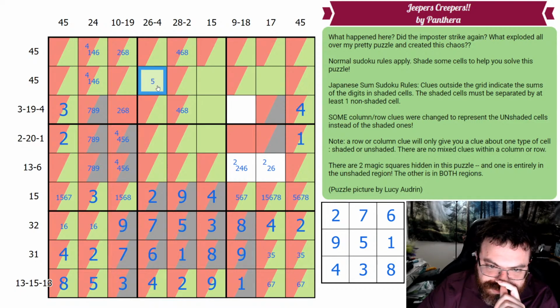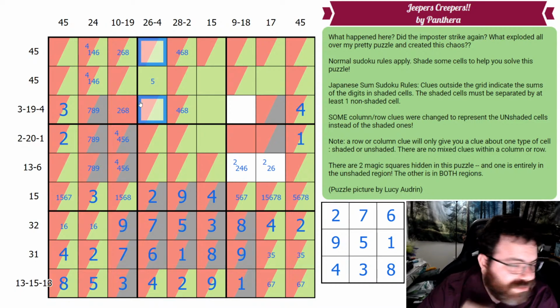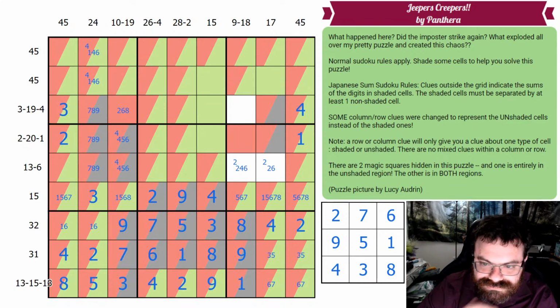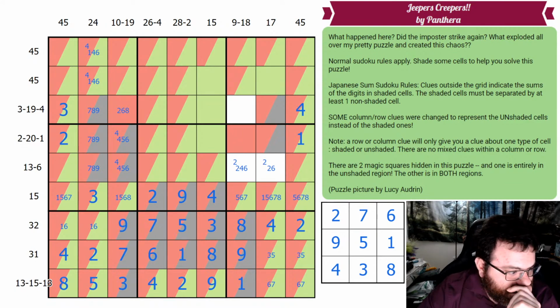Go back to this. So 7 can't go here. So we'd have 3, 7 like this. And this can't be 3 or 7. So this is not the center. We're narrowing it down.